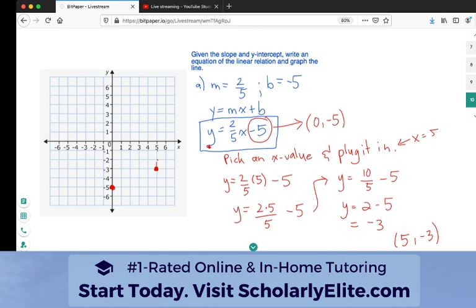Okay, so let's plug that straight line in. So again, you want to make sure that it aligns with your points. There you go. That's our graph for y equals 2 over 5 x minus 5.